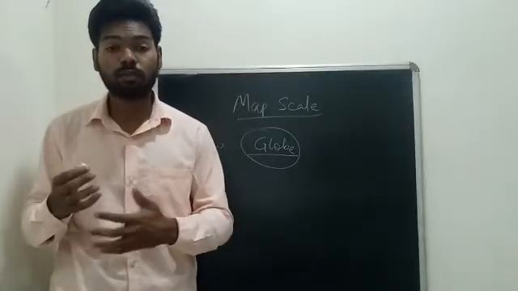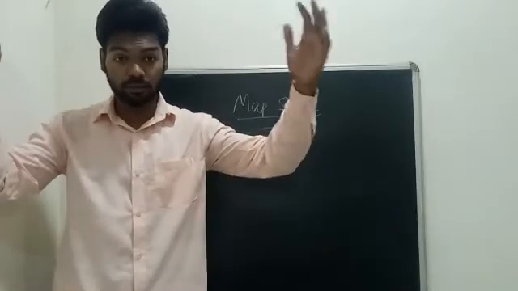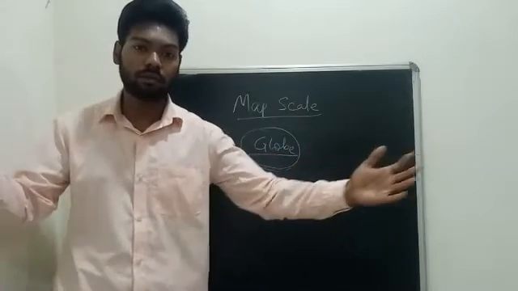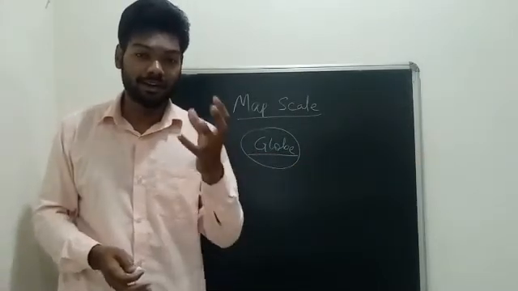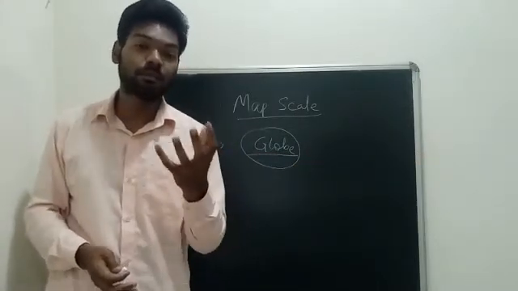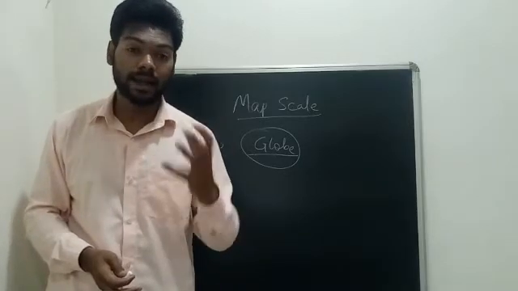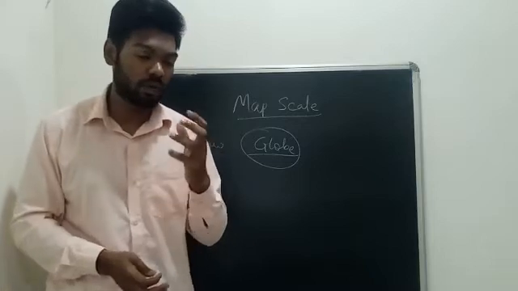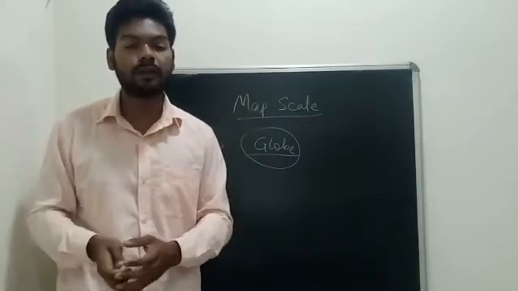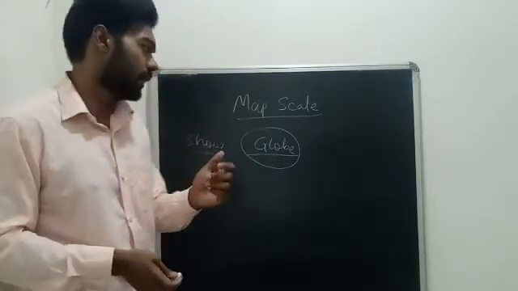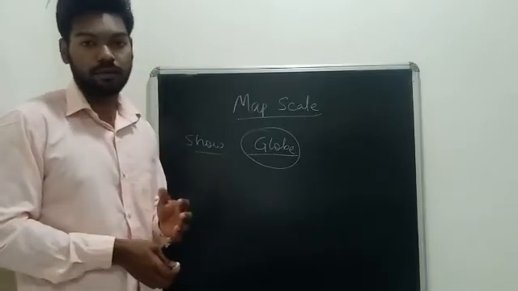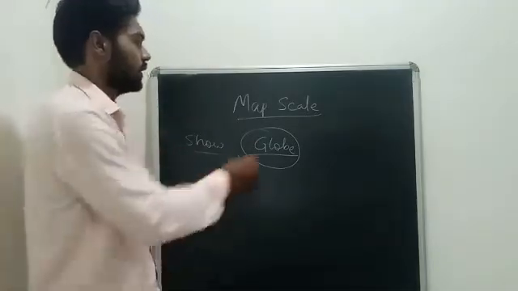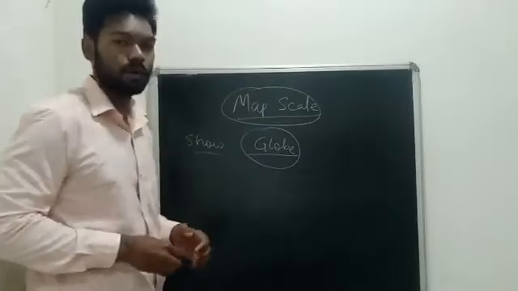So how is it possible that our big earth, and the land on it, is represented on this small ball? How have we minimized it, and how is it so well equipped to show us all the different things? That is what we are going to learn in this map scale topic.